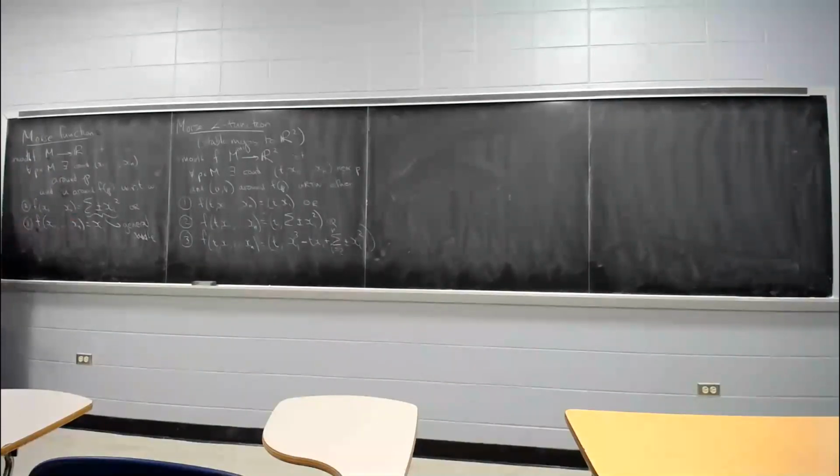So there's this index here. Index equals the number of minuses in that thing. And so index 0 means a bowl, means a minimum. Index 1 means one downward direction, some upward directions, and so forth.